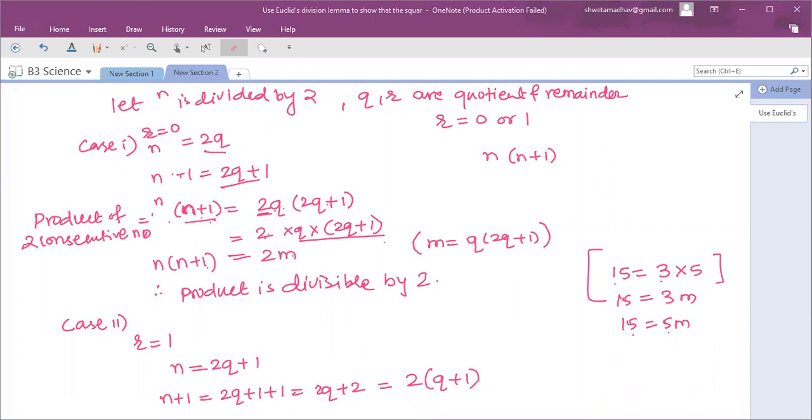Everything is the same. You only have to show that we are not getting remainder 2 in any case. When a number's square is divided by 3, it can always be shown in the form 3m or 3m plus 1. So 3m plus 2 we can't show. It's not there. Both of them are actually the same. What you showed in 66 is exactly the same as 70. Both are the same questions.